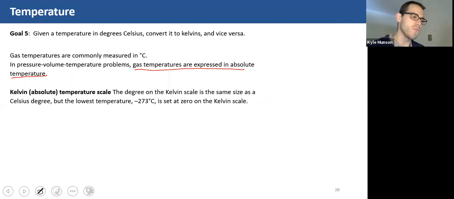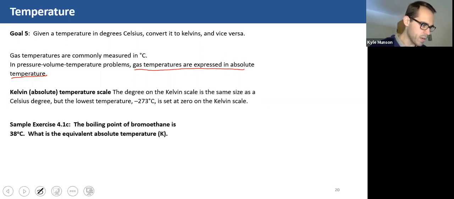That's a key. If you don't convert to Kelvin, you're going to get the answer wrong, okay? Always convert to Kelvin. So Kelvin, the absolute scale, okay? We know how to convert between one or the other here.